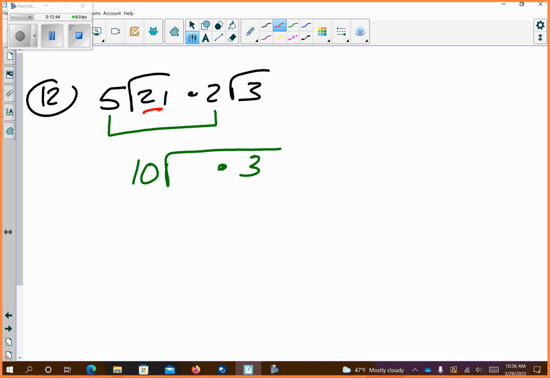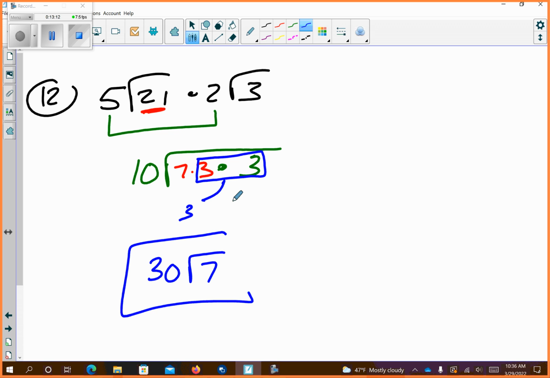But let's break 21 down into what times what gives me 21. I'm not worried about perfect square right now. Yeah, 7 times 3, right? So then if these were multiplied together, that gives me a perfect square, which gives me 9. So what's the square root of 9? 3. So 10 times 3, I get 30. And then I have a root 7 left behind. There we go.